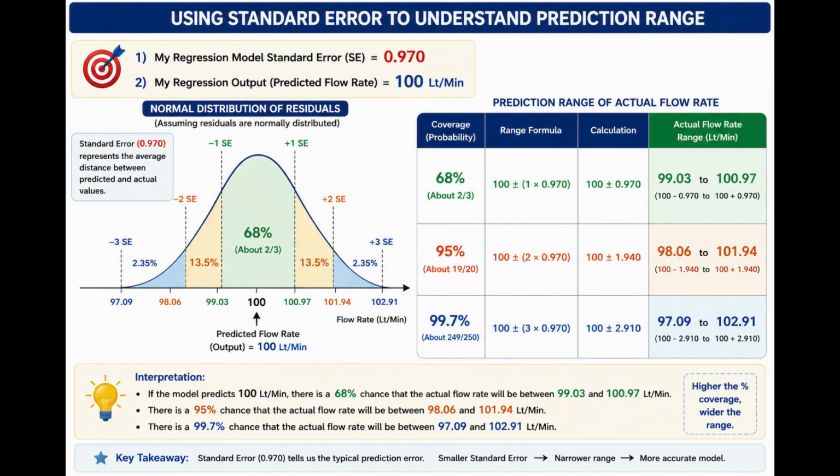Approximately 68% of the time, the actual flow rate will lie within one standard error of the predicted value, that is between 100 plus minus 0.970. Approximately 95% of the time, it will lie within two standard errors, that is between 100 plus minus 1.94. And approximately 99.7% of the time, it will lie within three standard errors, that is between 100 plus minus 2.91.